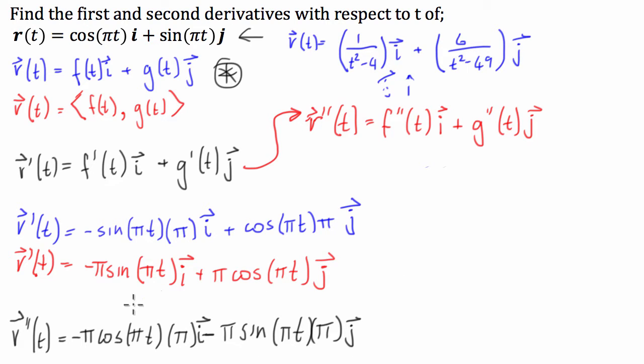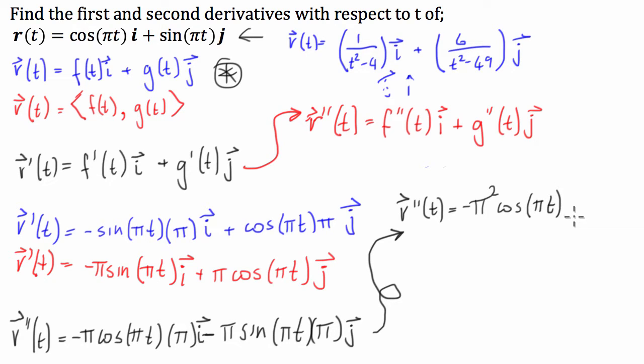So again, like we did with this one, we are going to simplify it or fix it up, make it look a bit neater. So we have r, the double derivative with respect to t, is equal to, we can take this pi to the front, and we're going to have negative pi squared cosine of pi t i, and then we're also going to take that to the second line.